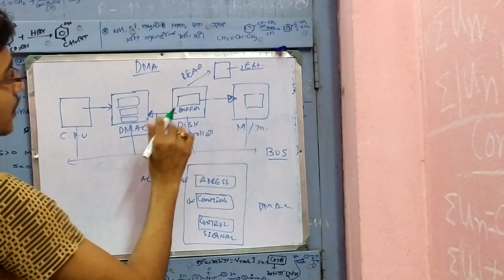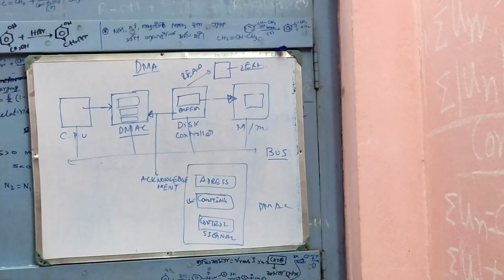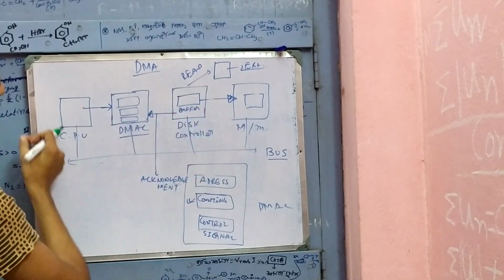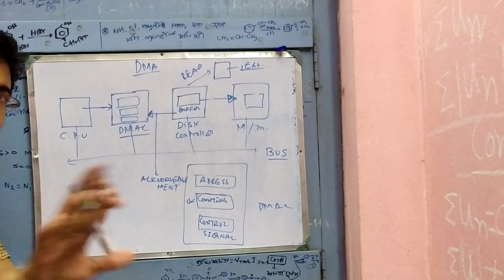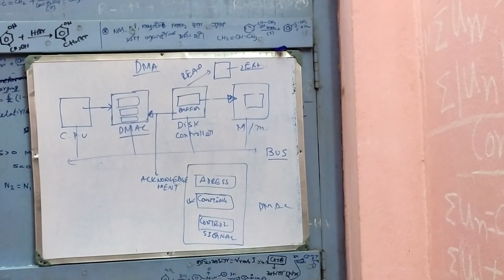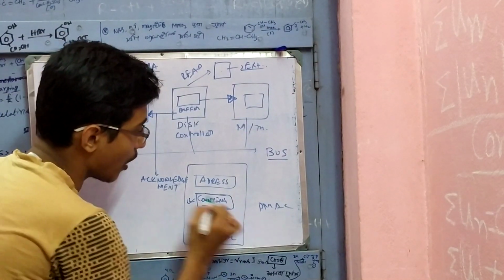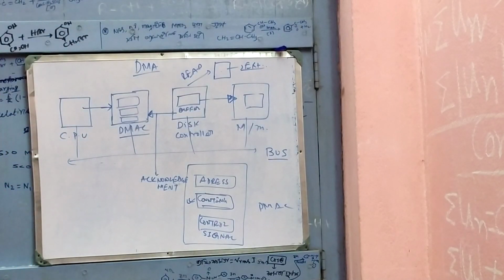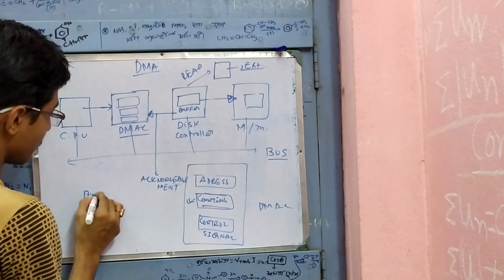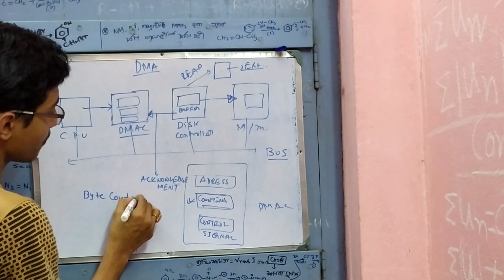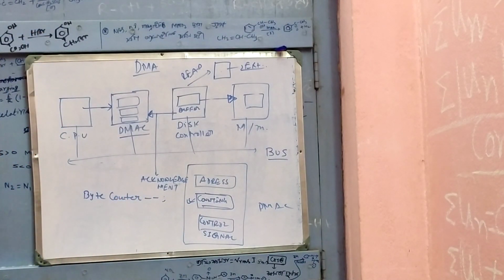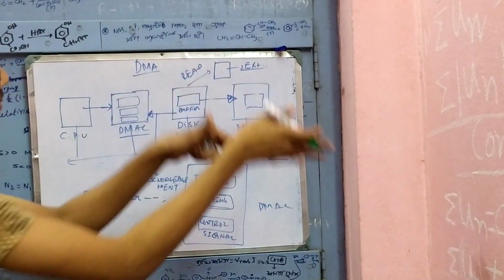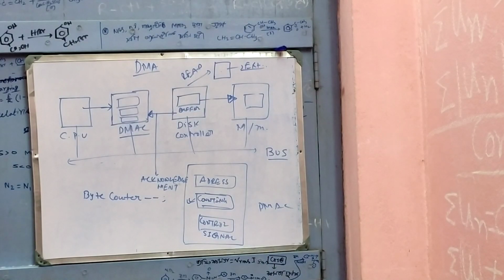After completing, the disk controller will send an acknowledgement to the DMA that I have performed my task. Now the counting register will decrease, that means the byte counter will decrease. Now if all our data is transferred, we have to check it.